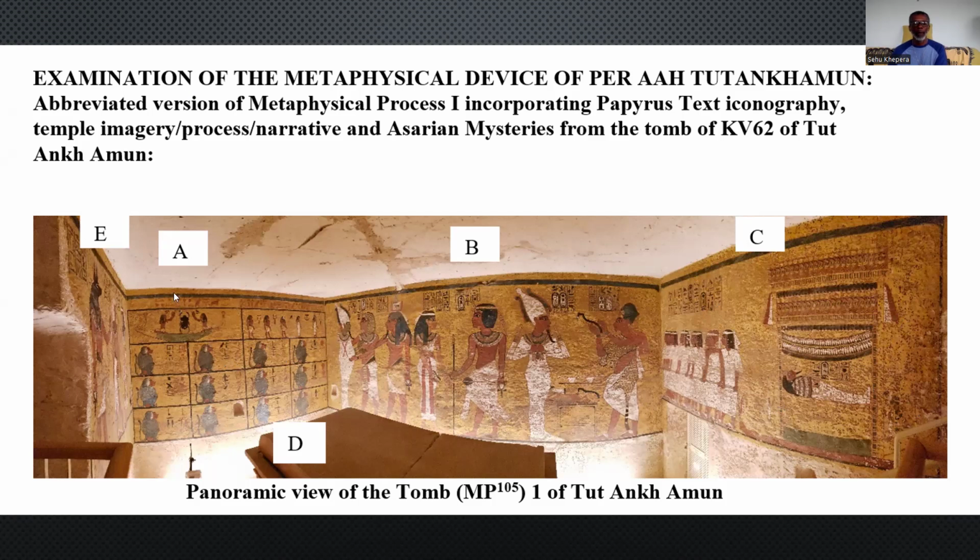And on the west wall, labeled A, is a segment of Metaphysical Process 1 of the Dua text. So over here can be seen as the movement through the Akhet, and now entering into the deeper region of the astral plane.